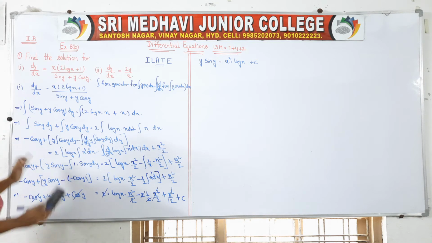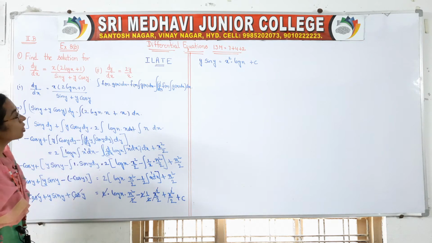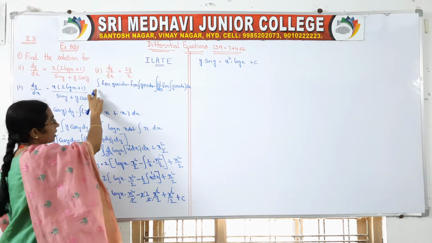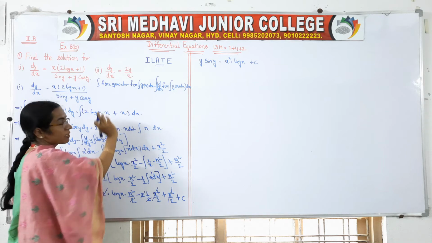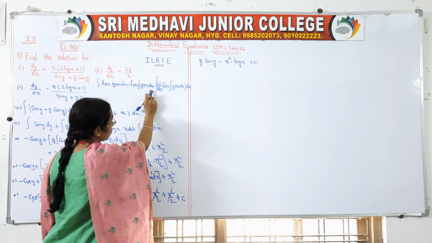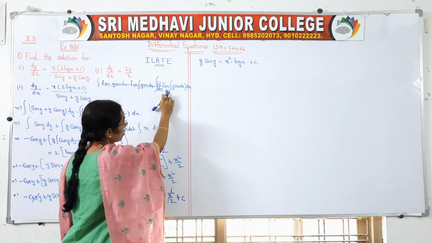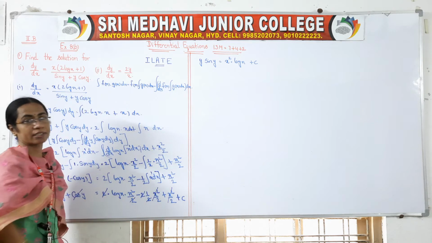So we applied the product rule in this problem. So whenever two terms are multiplying inside the integral, we have to take integral f of x into g of x dx is equal to f of x integral g of x dx minus integral of d by dx of f of x integral of g of x dx, whole dx.